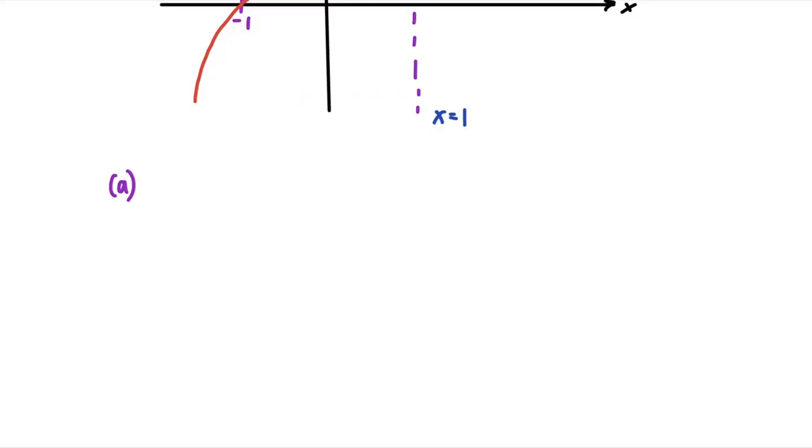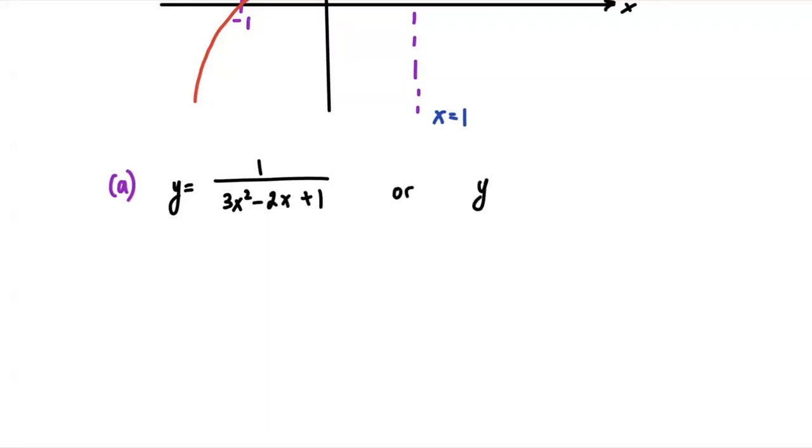If you want to check your answer, or anyone got an answer for this? What's the answer to the question? Y equals to, there are two versions of it. 1 over 3x squared minus 2x plus 1.